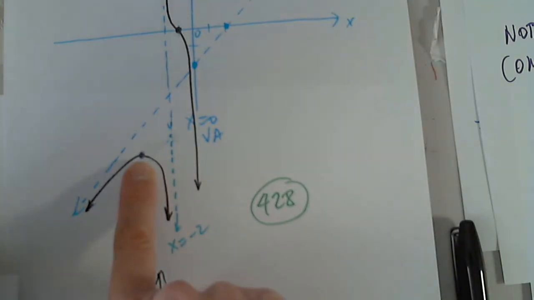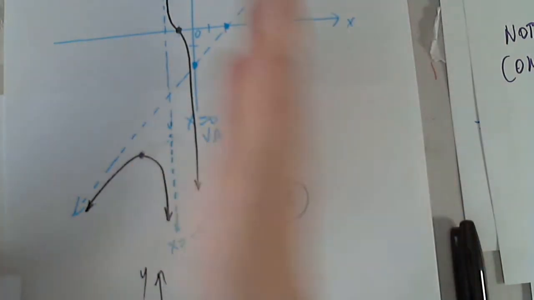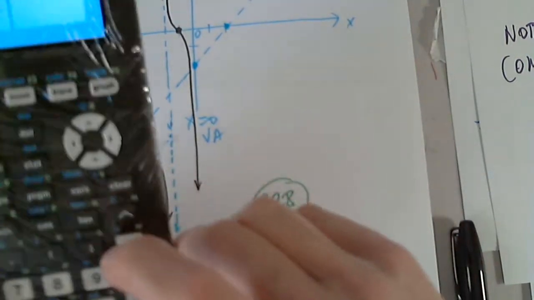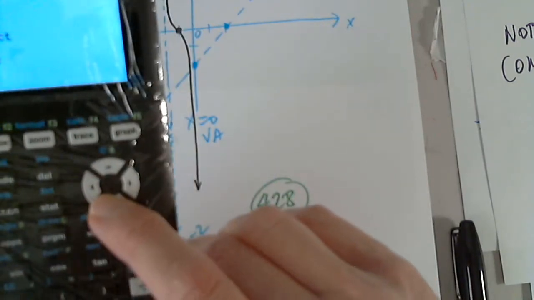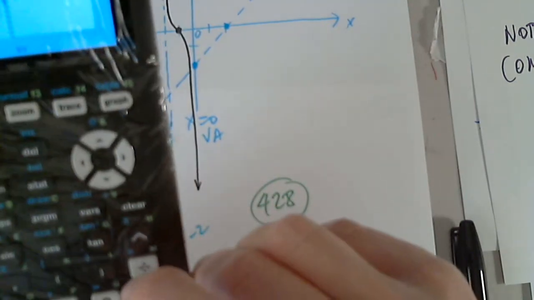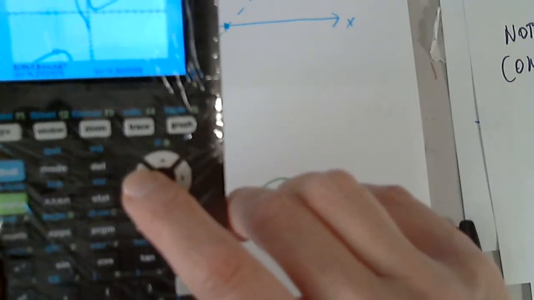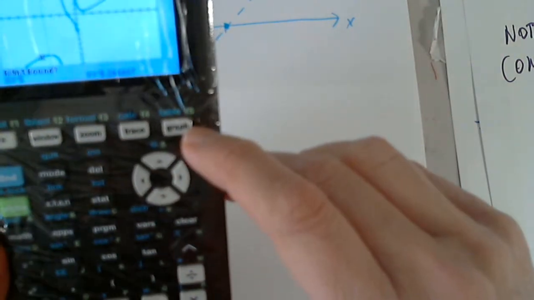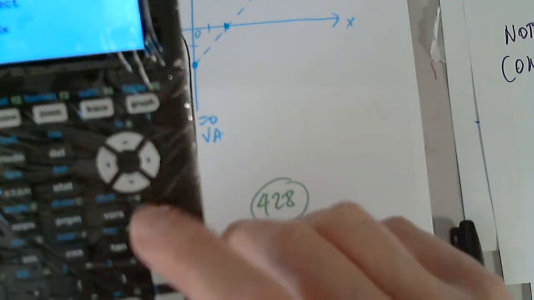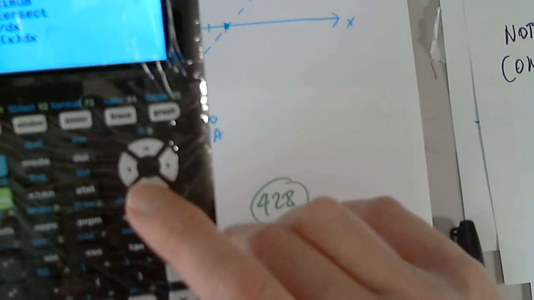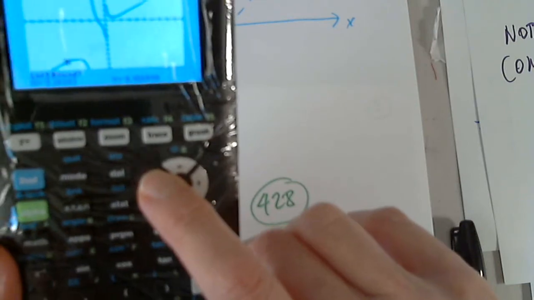So I'm going to determine this maximum, and I see it's to the left of -2, so I'm going to say second and calc, and I want max. I don't want it at -4. Apparently it's probably further to the left.